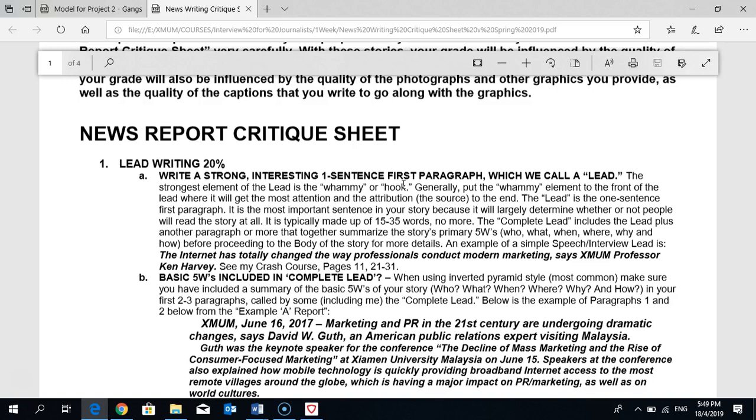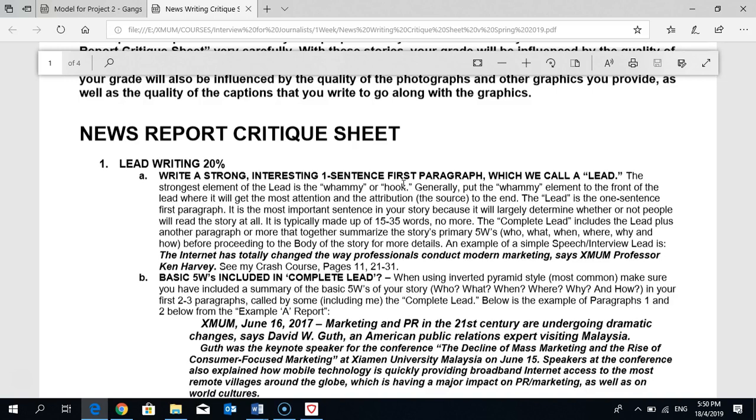And I don't mind 25 words, even 15-word leads. But then how do you summarize? You summarize with paragraph 2. And so the idea of the lead and complete lead solves a problem that too many of the leads in news writing were too long, because they were trying to summarize the whole story, and you can't do it in 35 words basically, and certainly not less than that.